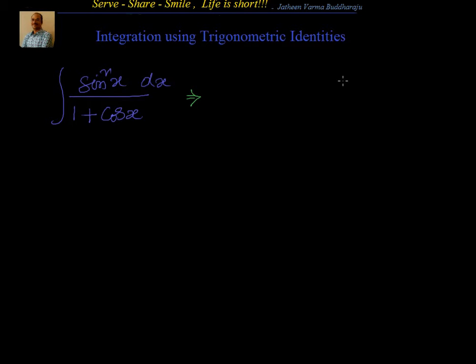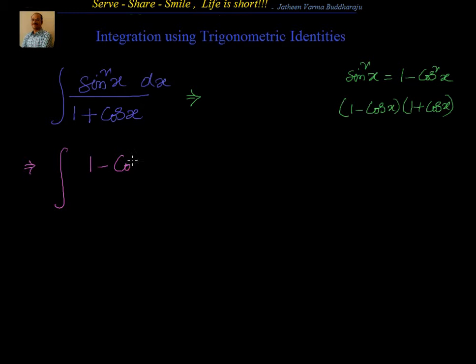For that I will leverage the formula that sin square x is equal to 1 minus cos square x, which is in the form of a square minus b square. So I can write it as 1 minus cos x into 1 plus cos x. So leveraging that formula, my next step will be integral of 1 minus cos square x divided by 1 plus cos x dx.